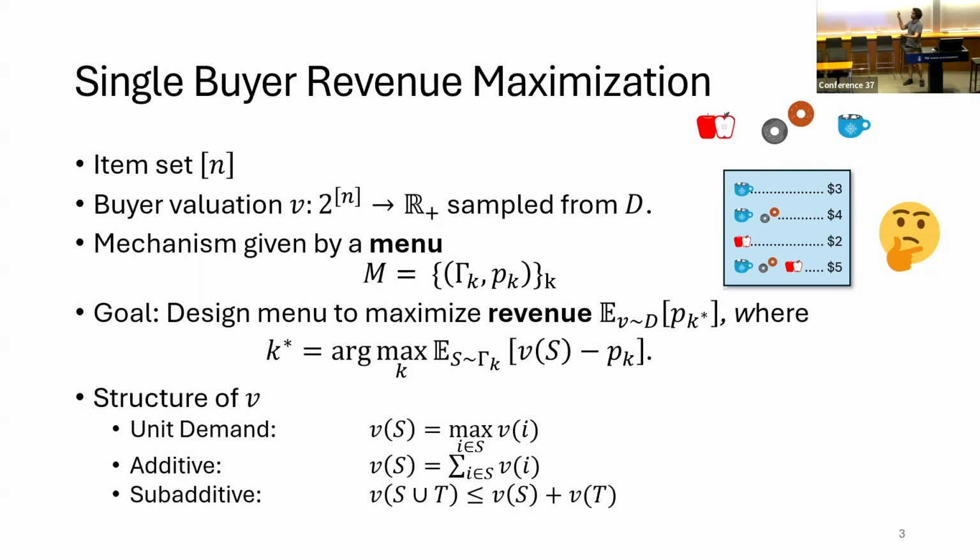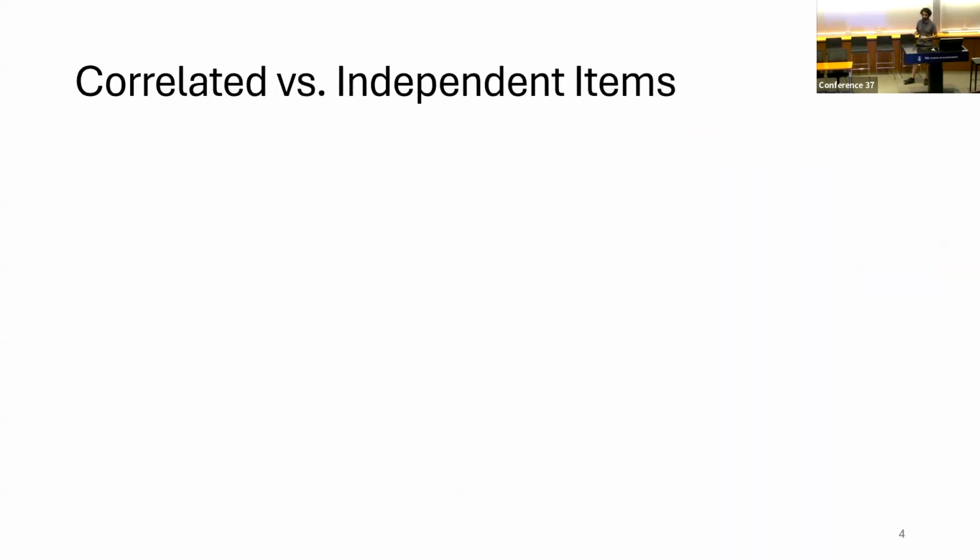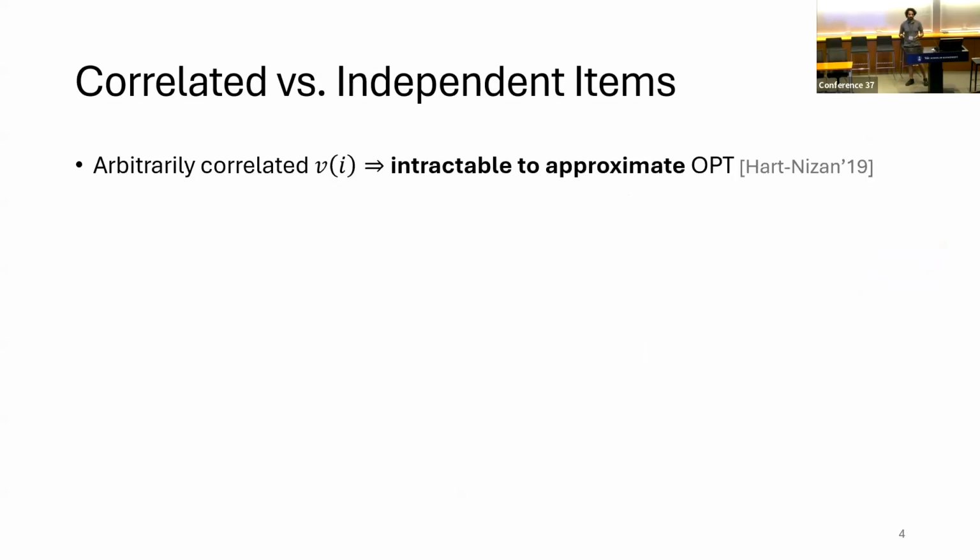And as often is the case in these mechanism design settings, we will also make some structural assumptions on the valuation function V. So we can assume a few different settings for V: that V is unit demand, additive, or in this most general sense, we may only assume that V is subadditive. Okay, and so far I haven't specified any assumptions on the distribution D that the valuation is sampled from.